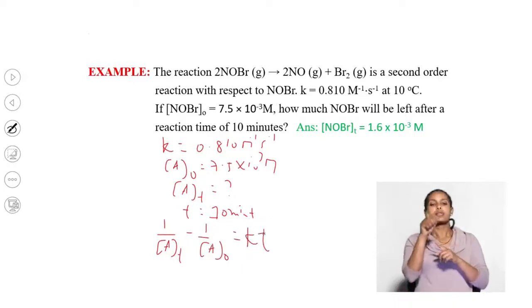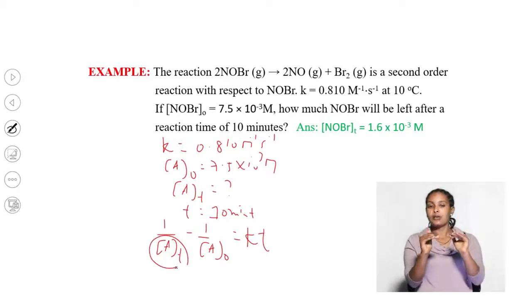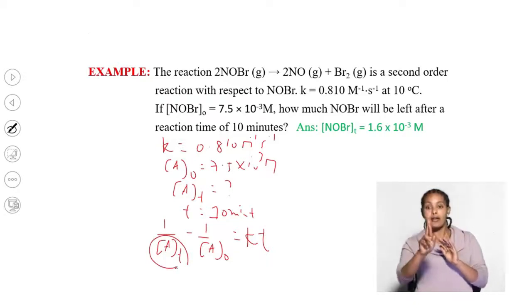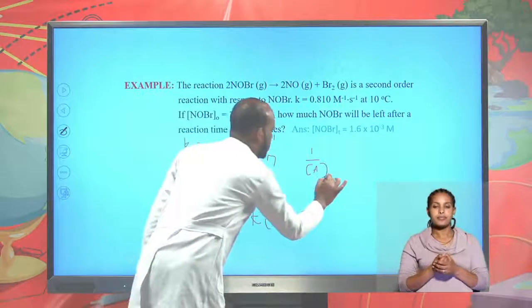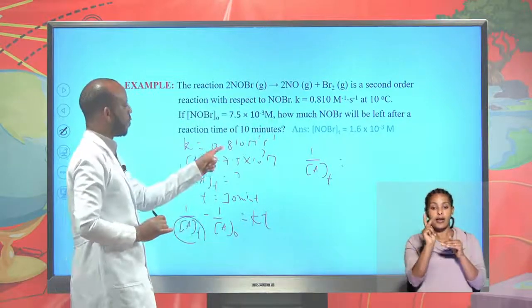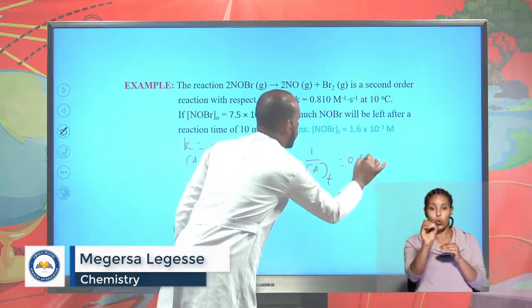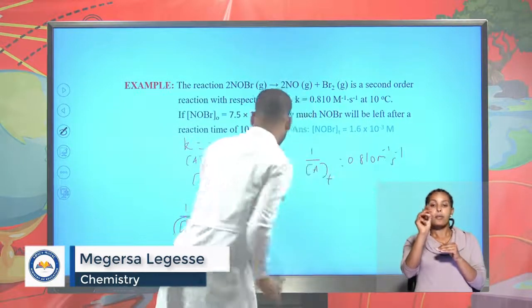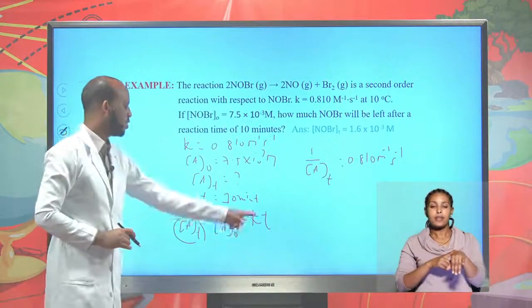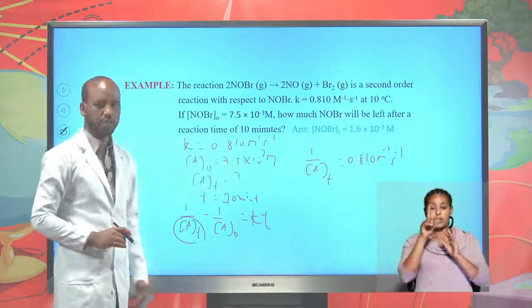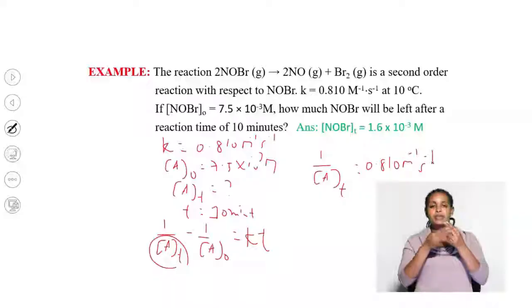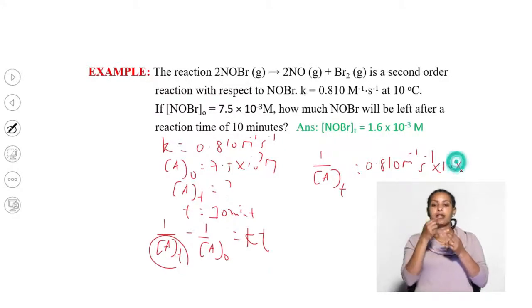You are asked to calculate the concentration of NOBr after 10 minutes. 1 over concentration of M after 10 minutes equals K, 0.810 per molar per second, times t in seconds. 1 minute is 60 seconds. Therefore, 10 minutes is 10 times 60 seconds, plus 1 over initial concentration.